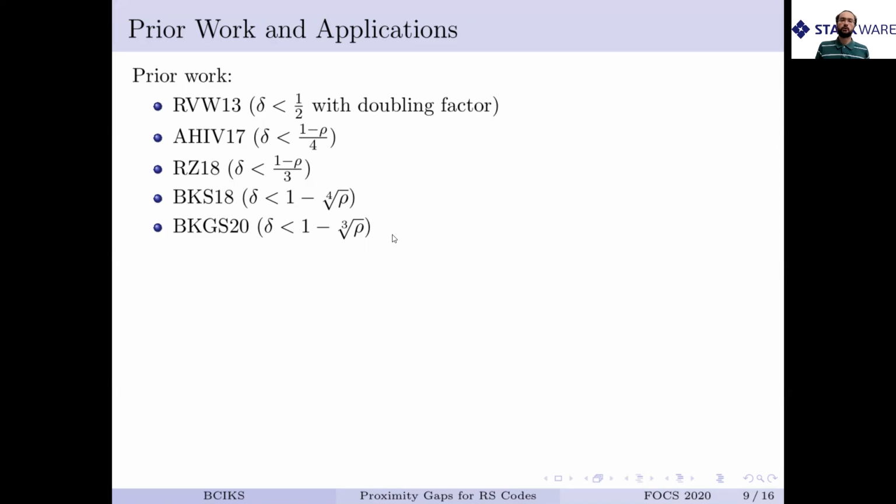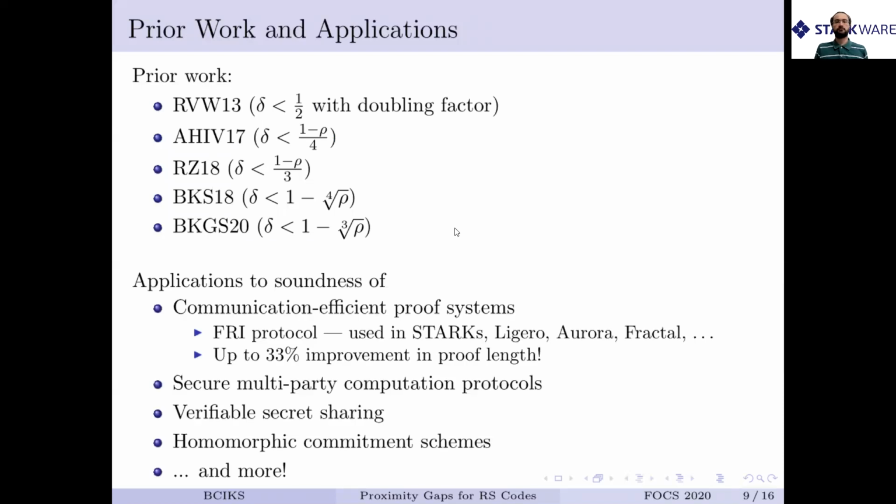And our new result, of course, goes up to 1 minus the square root of rho. We'll also note that of all of these results, our new result is the first one that fully covers the unique decoding radius case.